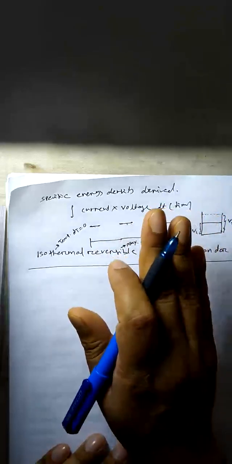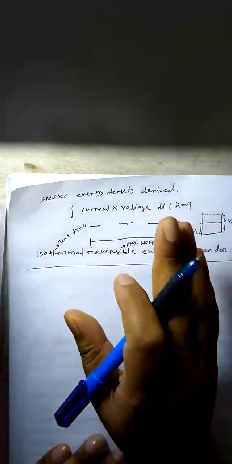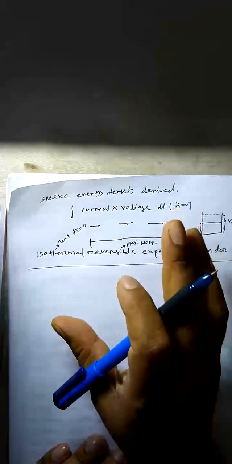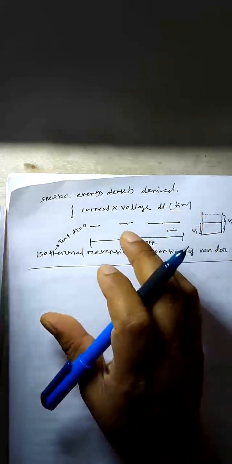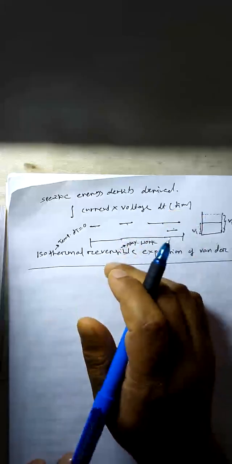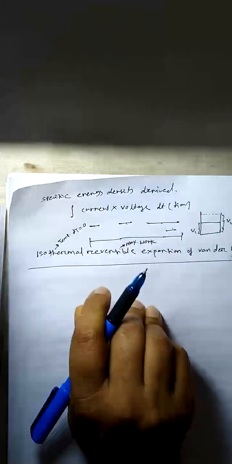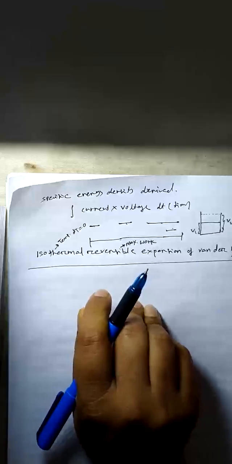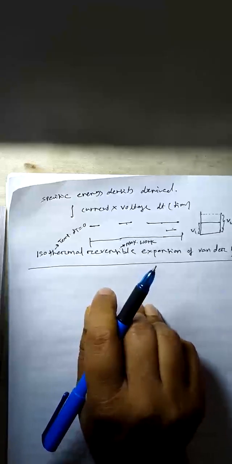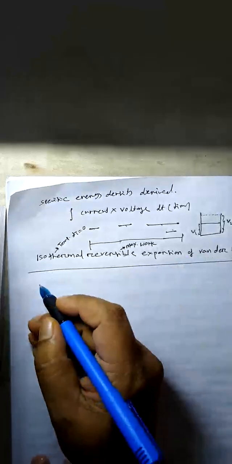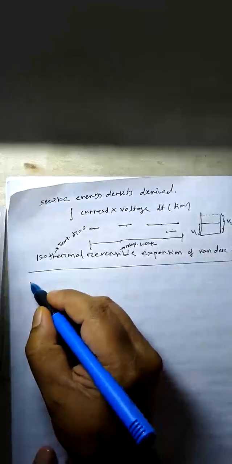That means the gas molecules occupy some volume. So these two things are taken into consideration in the case of van der Waals gas, whereas they were neglected in the case of an ideal gas.